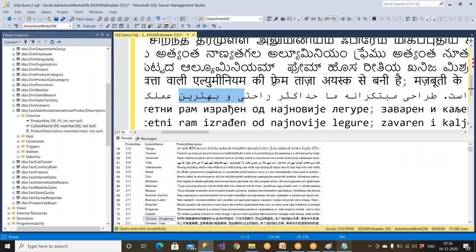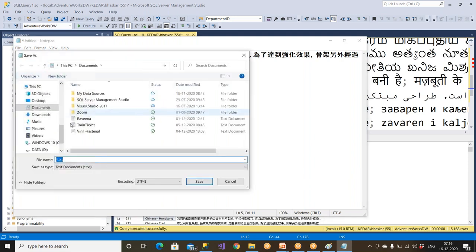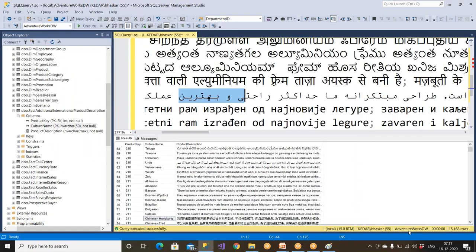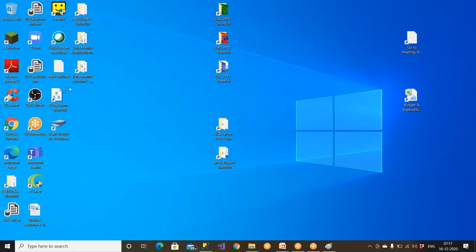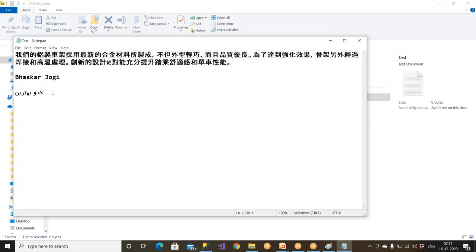Control C, and let me say Control V, and let me save this file. Save it as some test document. Now let me open this file. You need to check all of them clearly. So test, you can just open this.